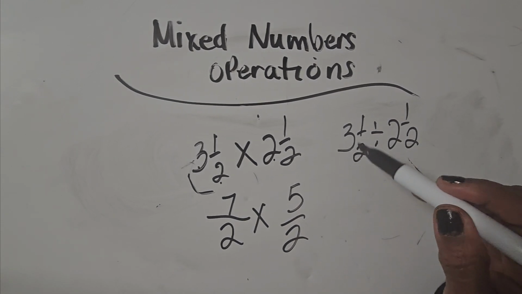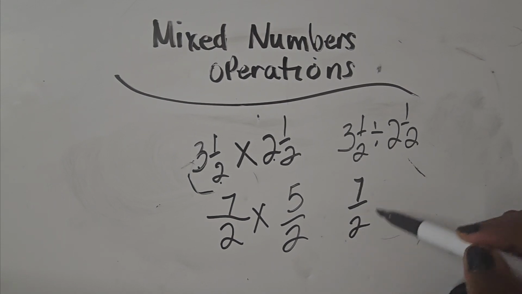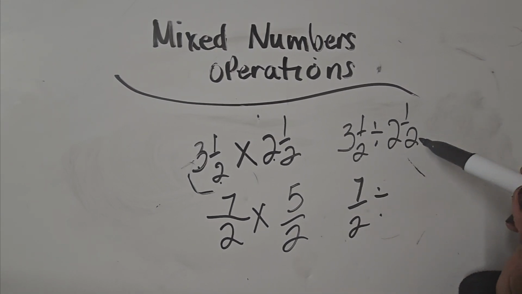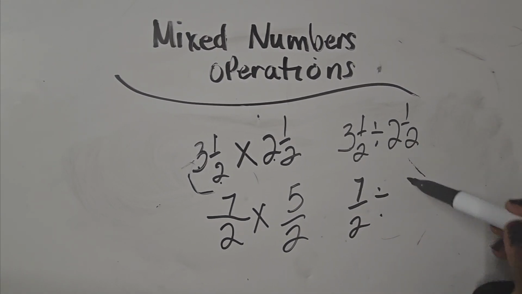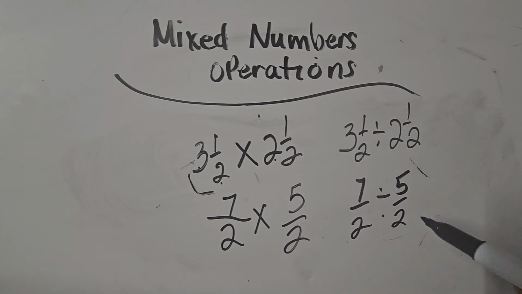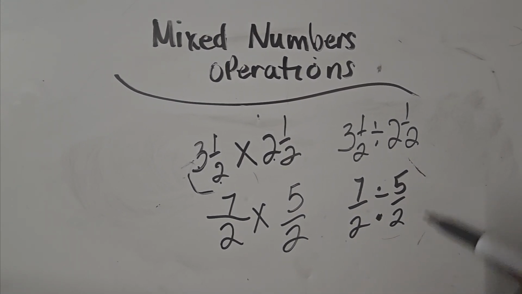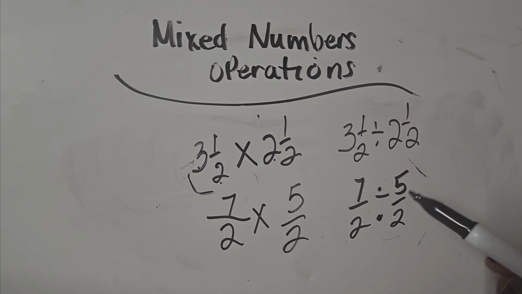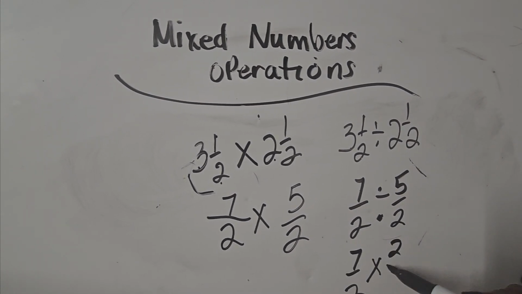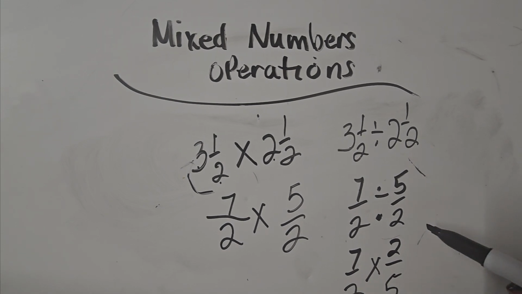This becomes 3 times 2 equals 6 plus 1 is 7/2 divided by 2 times 2 is 4 plus 1 is 5/2. But as you know, with division, we flip or we take the reciprocal of the second fraction. This would really become 7/2 multiplied by 2/5.